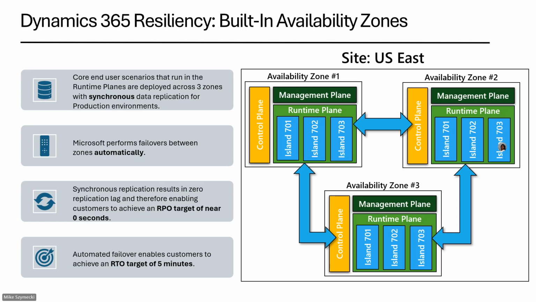The other thing to note is because the data is replicated synchronously, anytime there's a failover from one zone to another, you will not experience any data loss. It's going to be near 0 seconds of data loss. But the RTO could be up to 5 minutes.